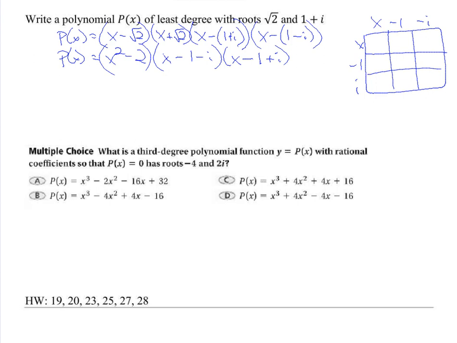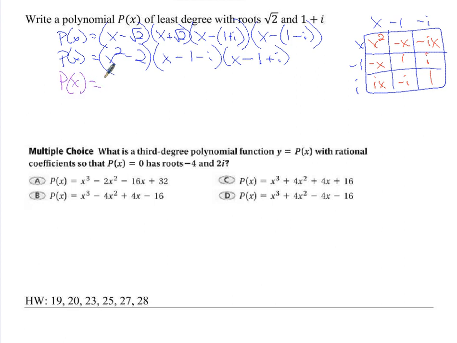What's the top row? Good. And the middle row? i. And the bottom row? Negative i. Negative i squared, so that becomes 1. All right, combine all your like terms.